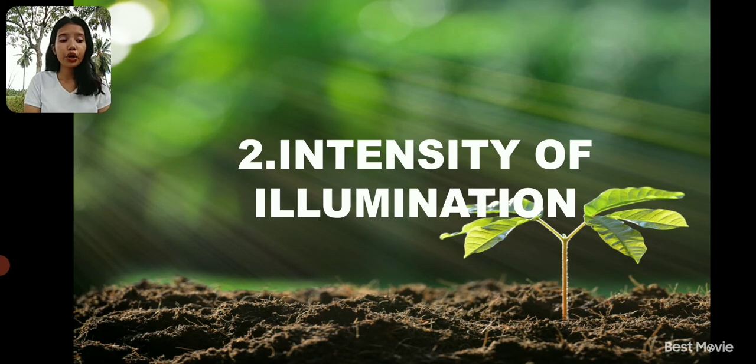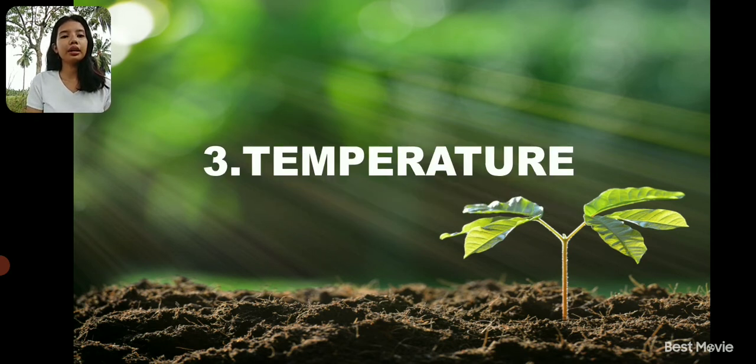Thus, more carbohydrate is produced under ordinary intensity of sunlight than under either low or full intensity. Third is the temperature. The minimum temperature at which the photosynthetic process is made possible is several degrees below zero.